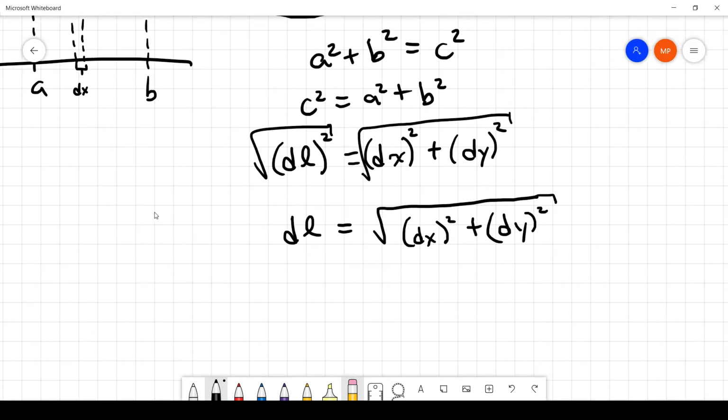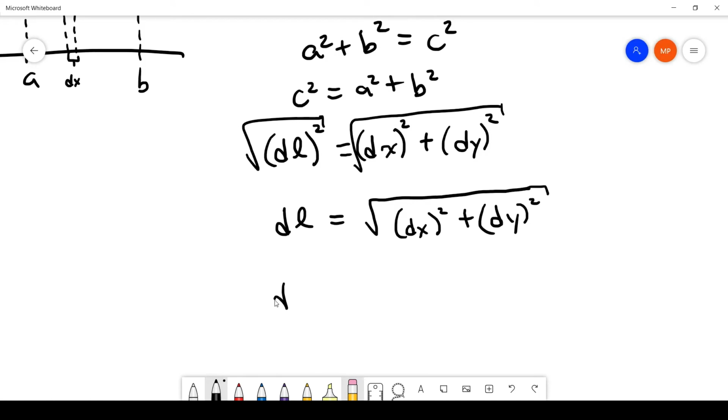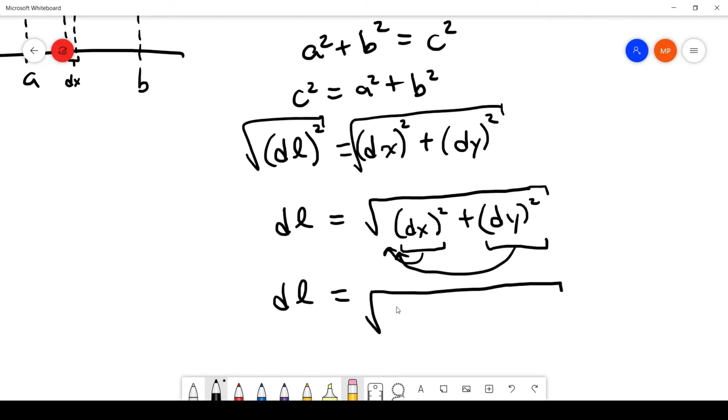And now this is a bit of a tricky part here, but what I'm actually going to do is take out a dx squared from both of the terms inside of here. And so what I'm going to have here is dx squared times 1 plus dy squared over dx squared, like that. And you see if we distribute this dx squared term back in, we'll get the same equation, so we know that what we have is true.